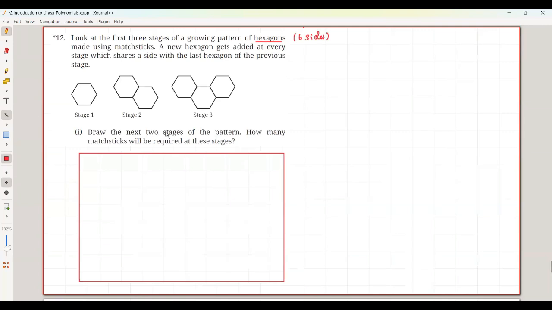So we have to draw the next 2 stages of the pattern. First we have only 6 sides. Next, how many sides does it keep increasing by?